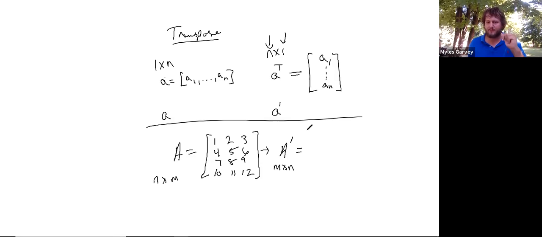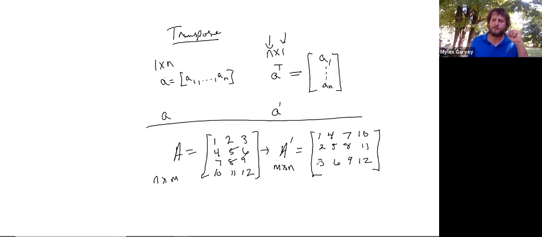It flips it. And so when we have that, remember what we did last time. We take the first column and we make that now the first row. And we do that for each subsequent column. Right, and now we get our new matrix here.